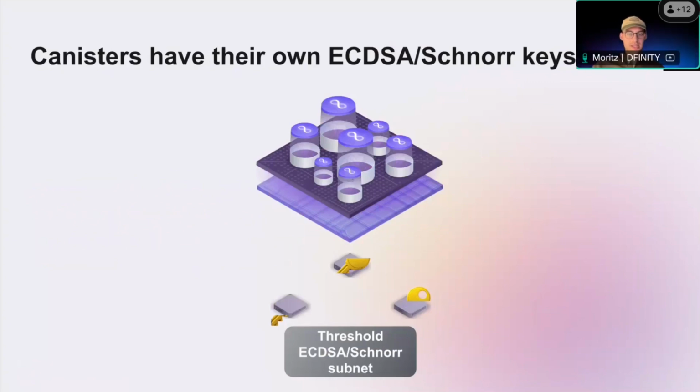And the chain key signatures actually come in two flavors. So we have threshold ECDSA, and now, since I think a week or two ago, we also have threshold Schnorr signatures.